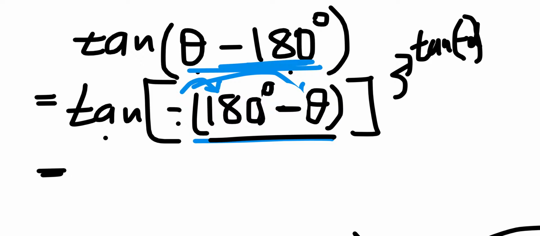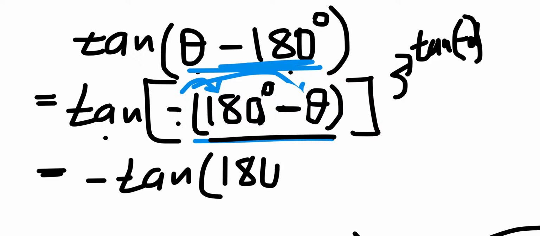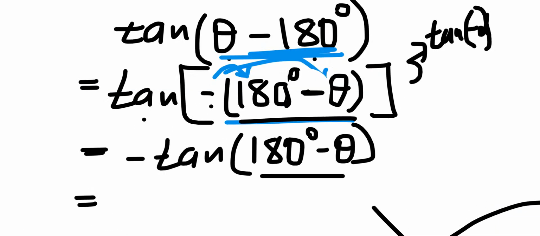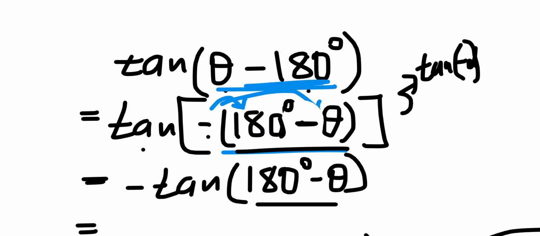So that means we end up having negative tan of that 180 degrees minus an angle. Can you see? Things are becoming interesting now. So now you look at this, you say 180 minus... wait, did I do things correctly there? Let me just quickly verify. That times that times that.